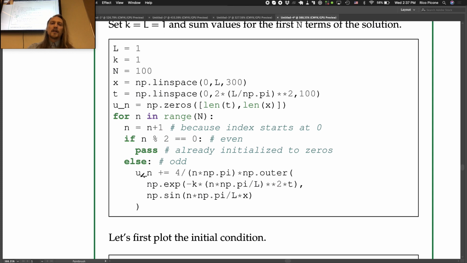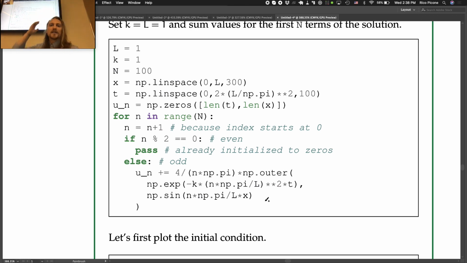If it's odd, though, we compute u sub n, which is essentially just the inside of that sum of our solution. And I take the outer product here because I want to multiply each value in x by each value in time and create an array for each value of x and each value of time. There are different ways to do this.